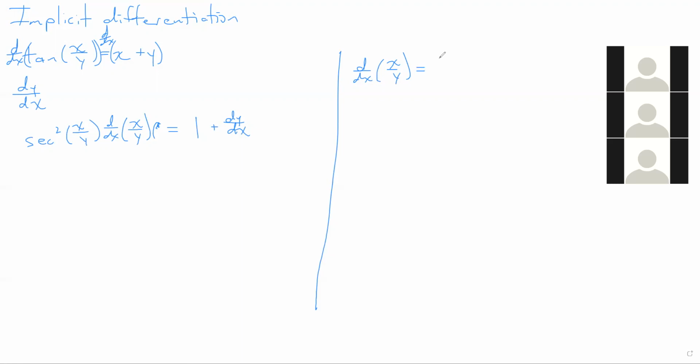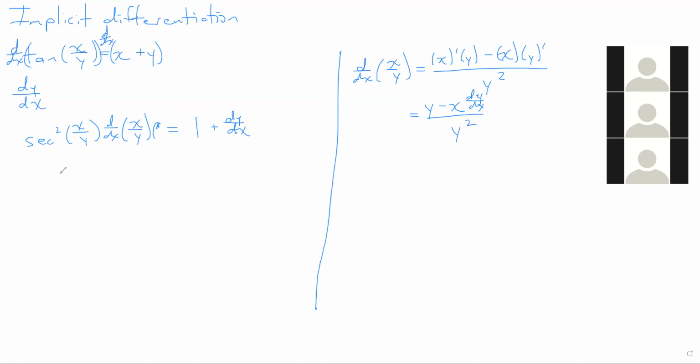This derivative is going to be equal to the derivative of x with respect to x times y, minus x times the derivative of y, all over y squared. So that comes out to be derivative of x is just 1, so y minus x dy/dx all over y squared.